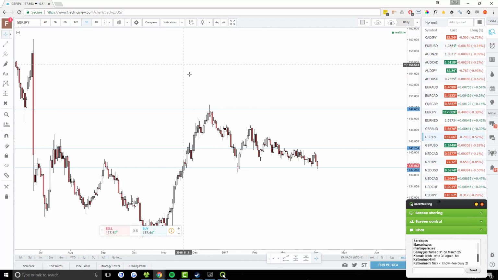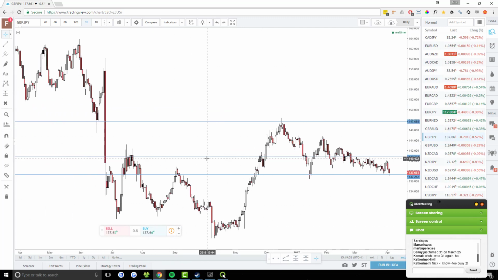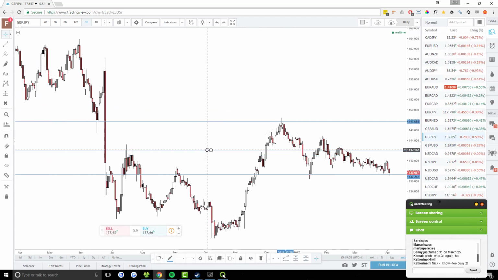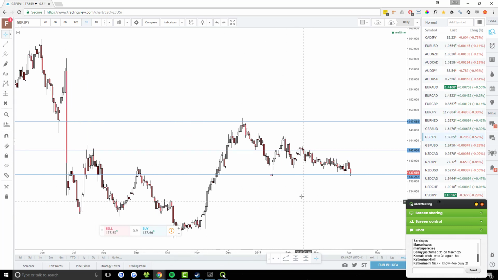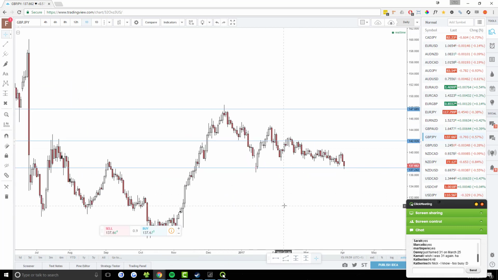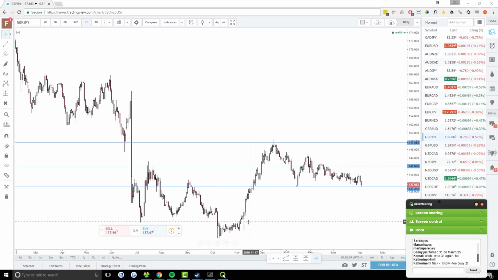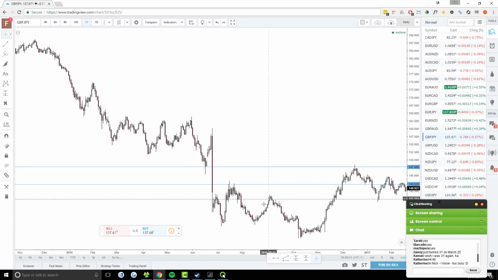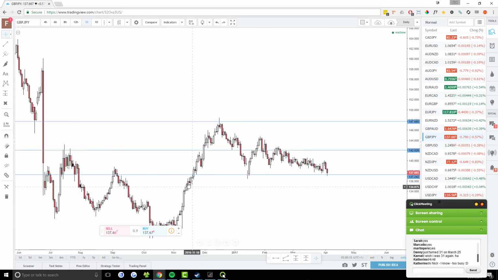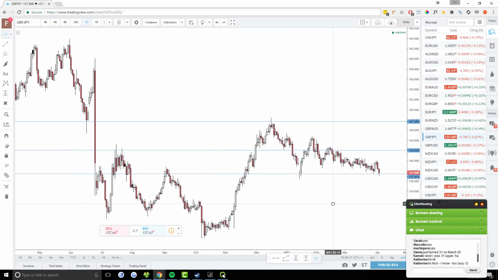GBP-JPY support resistance areas lately have been kind of tough to place properly. It is a bit of a mess, this pair right now. When you just look at it, the price action is just completely messy. Look at that. It's just horrible. Very hard to trade this pair at the moment. Well, at least it's very hard for my trading strategy.